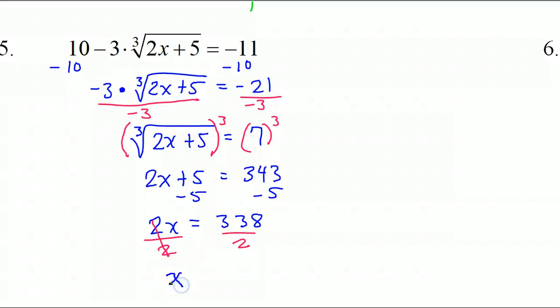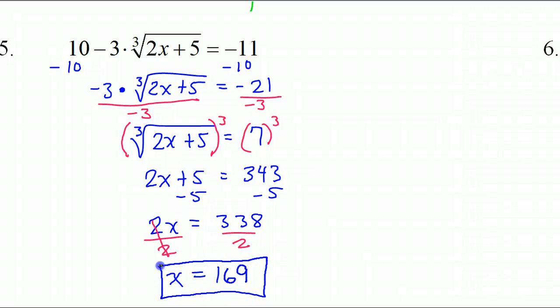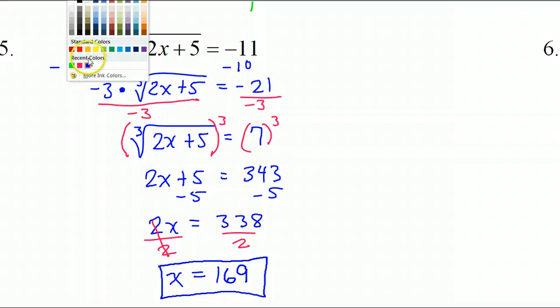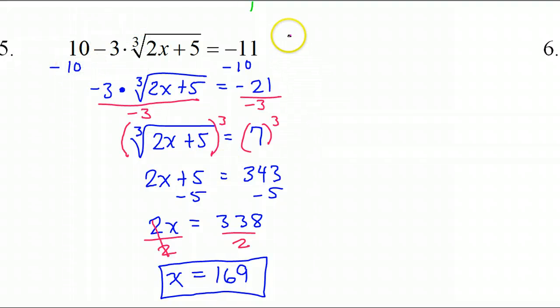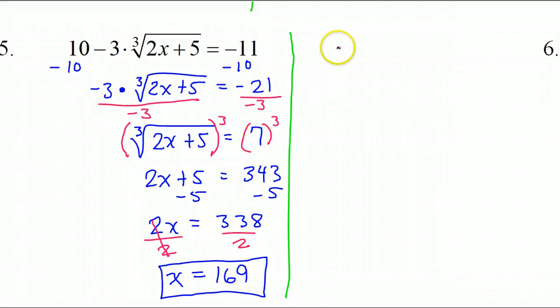All right, and that is going to give us 169. So this might be the answer, but we must check this answer to see if it is true. So every once in a while, even though we did everything right, this answer still will not be valid.